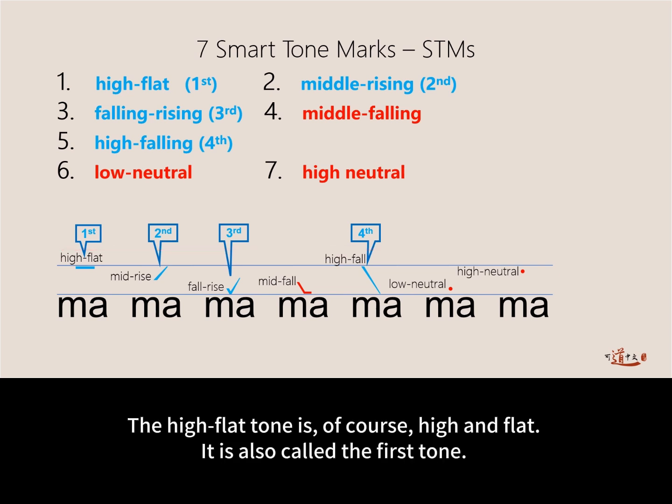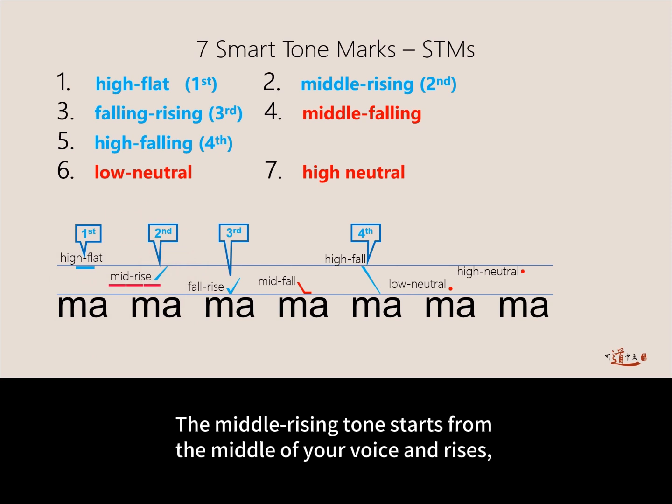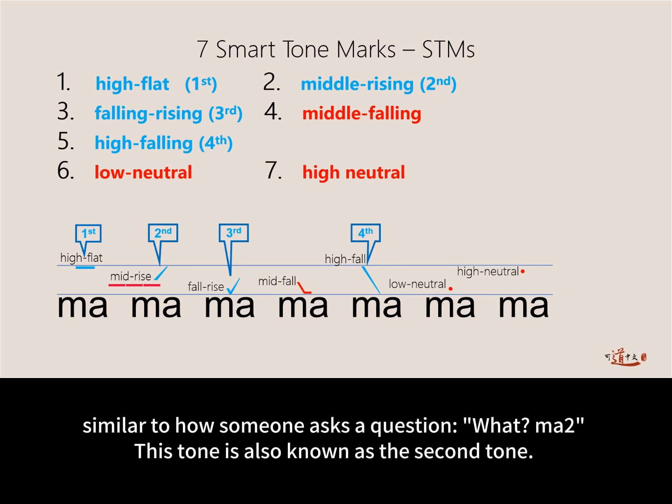The high flat tone is, of course, high and flat. It's also called the first tone. Ma. The middle rising tone starts from the middle of your voice and rises, similar to how someone asks a question. What? Ma? This tone is also known as the second tone.